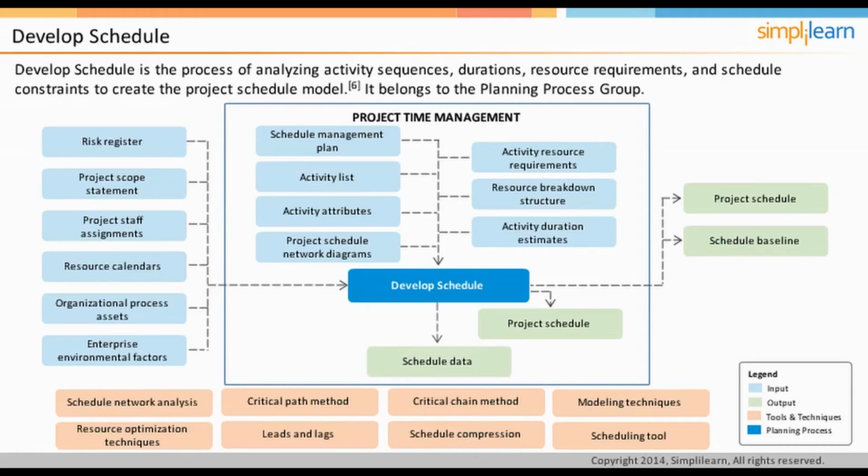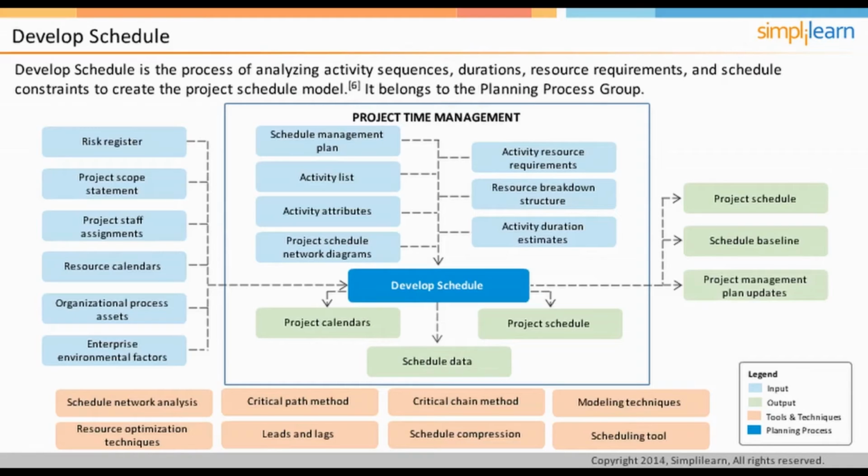Schedule data produced may include number of resources, key milestones, etc. Project calendars specify the available working days and the number of shifts in each day. They indicate how many hours and days are available for the work of the project to be completed. Project management plan updates are a result of the develop schedule process.